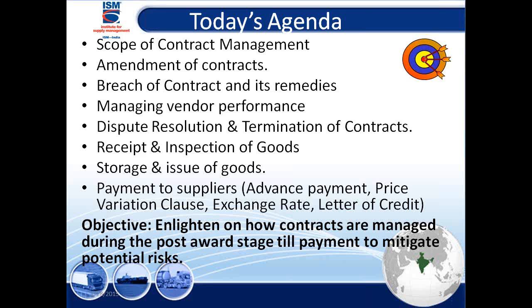So in short, today you're going to learn how contracts are managed during the post-award stage till payment to mitigate potential risk. At the end of the day, the key objective is to mitigate the whole risk.